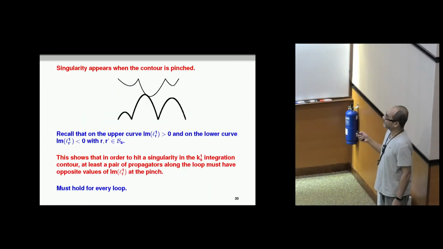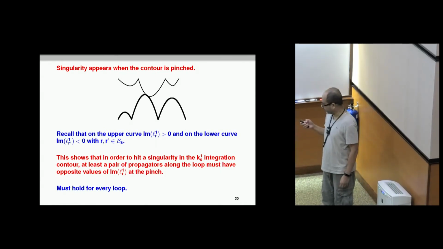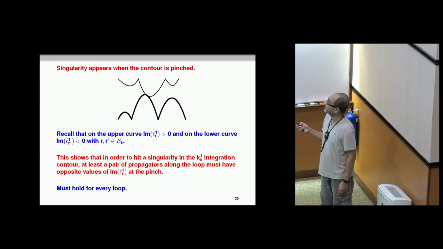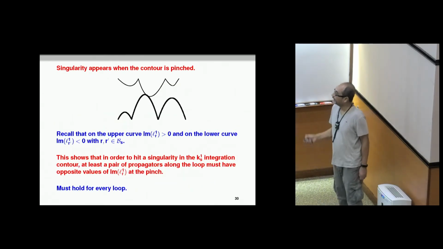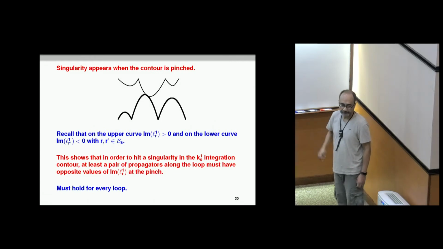The problem comes here. Once some point on the upper graph and some point on the lower graph touches, then we cannot find a KS1 integration contour that starts from minus infinity, ends at plus infinity, and goes through. Okay, because it has to hit the singularity.